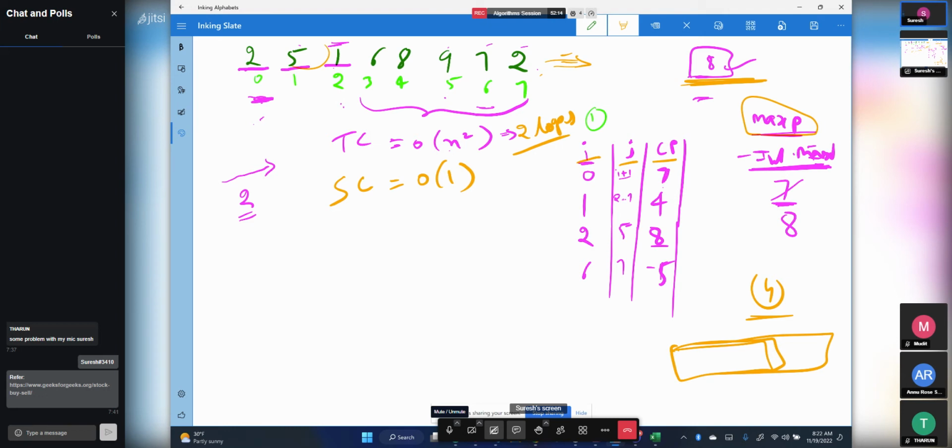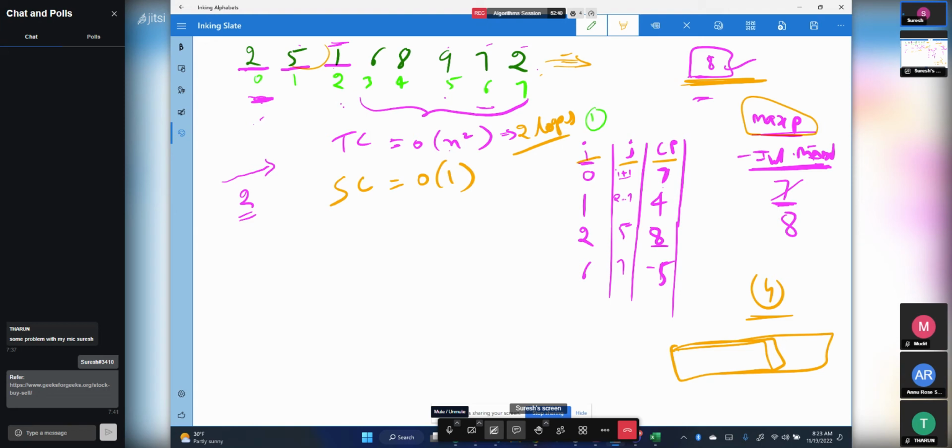Basically, you are increasing based on the size of the input. You are taking more memory if I am giving more input, isn't it? Then it's not constant space. That could be order of n, right? That's exactly space complexity.